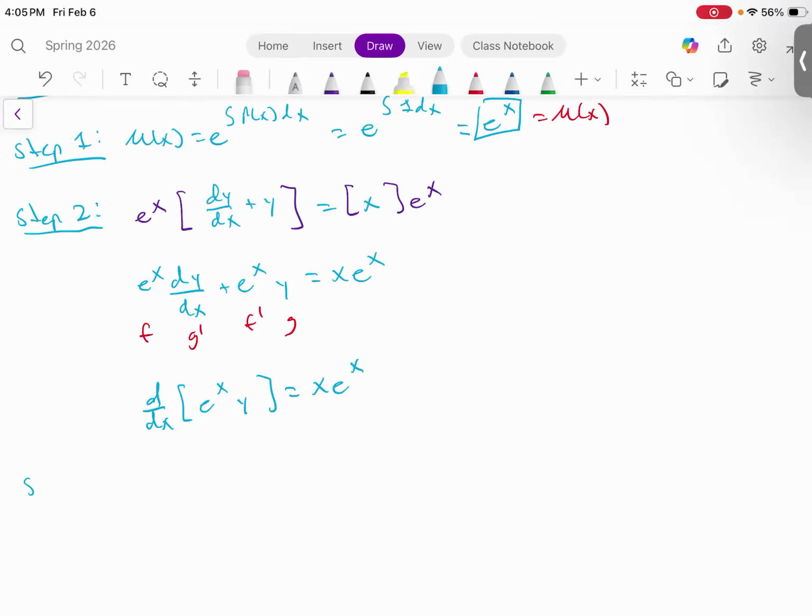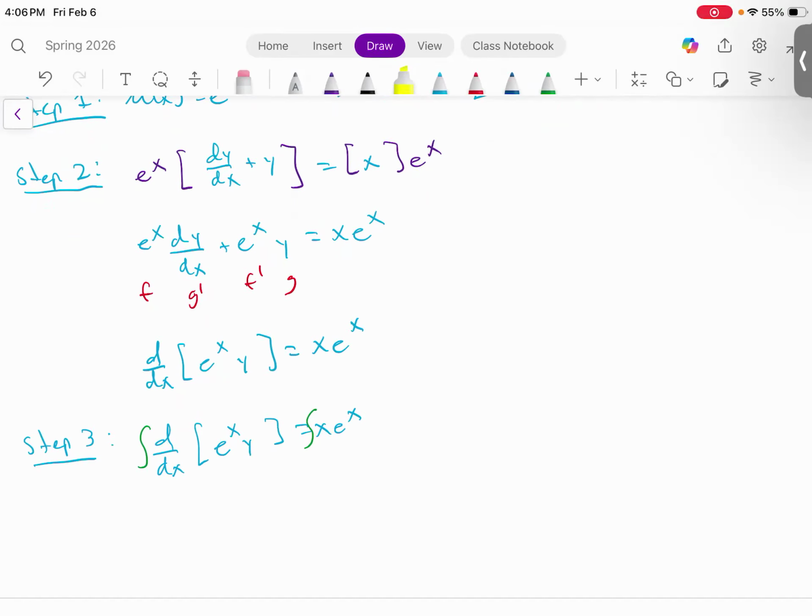Okay, so step 3, we want to integrate this. We'll take the integral of d over dx, e to the x times y equals x e to the x. The integral and derivative cancel out, so I'm left with e to the x times y.